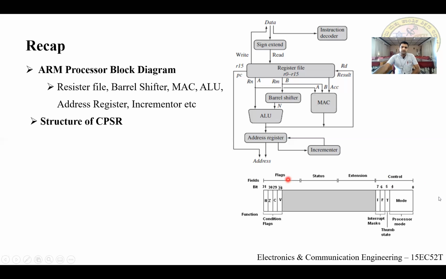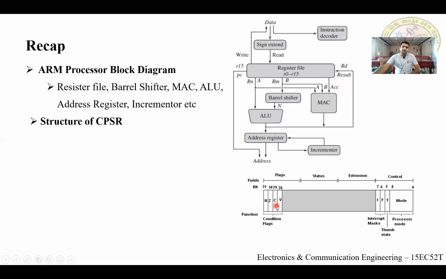In the control section, the first 5 bits are called mode bits. By setting these mode bits, we can change the mode of the ARM. The next bit is the thumb bit. The next 2 bits are the interrupt mask bits: one is the fast interrupt mask, another is the interrupt mask.